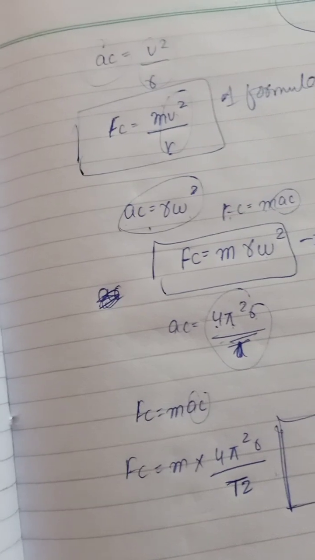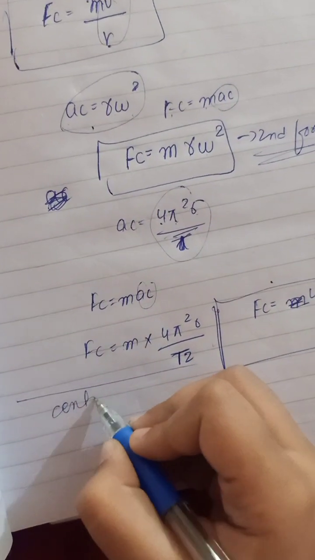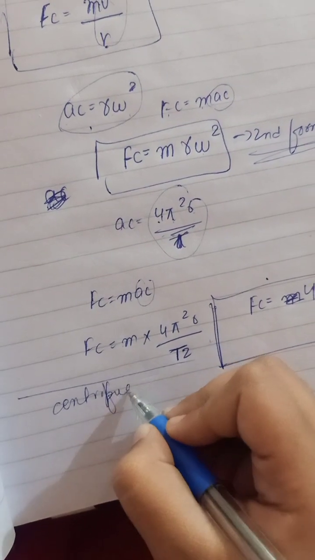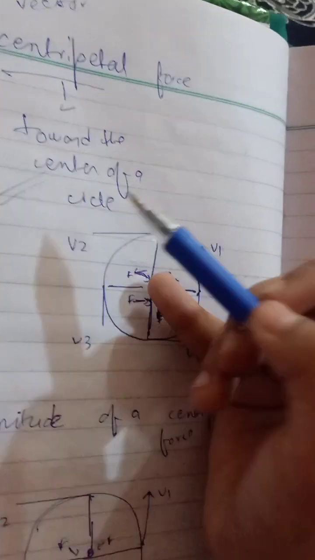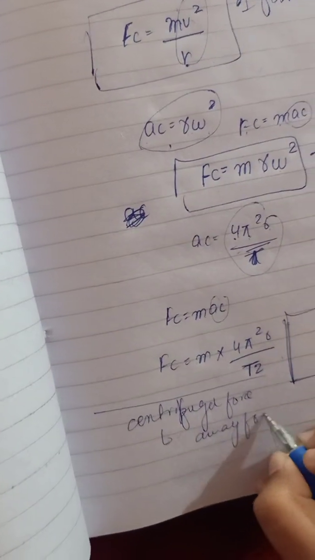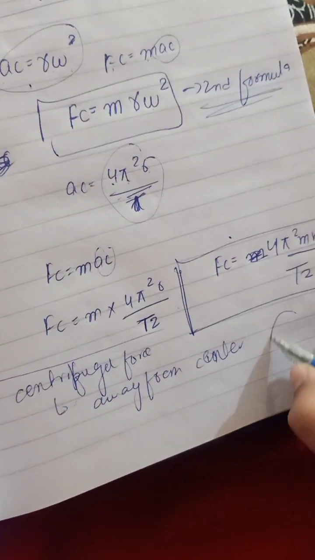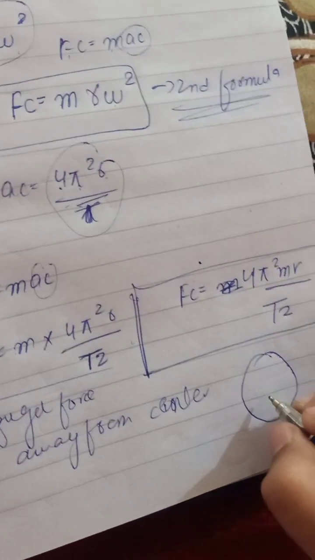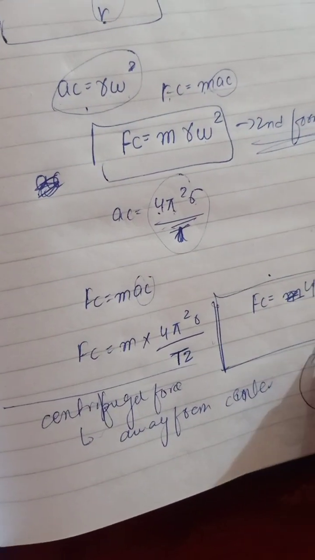Now let's talk about the centrifugal force. Centrifugal force is just the opposite of the centripetal force. The centripetal force was toward the center; this is away from the center.